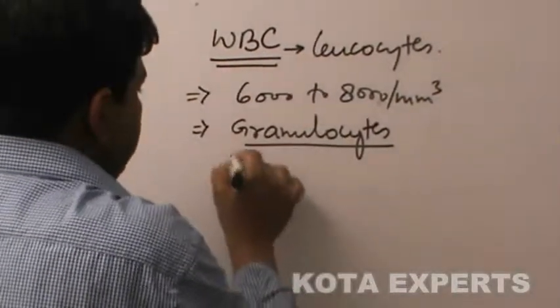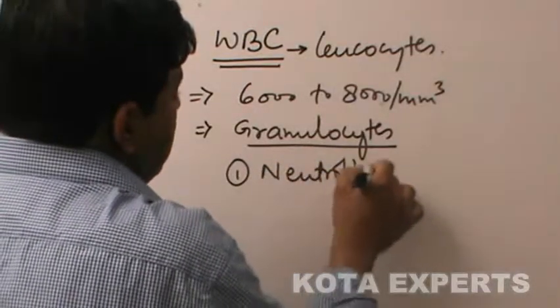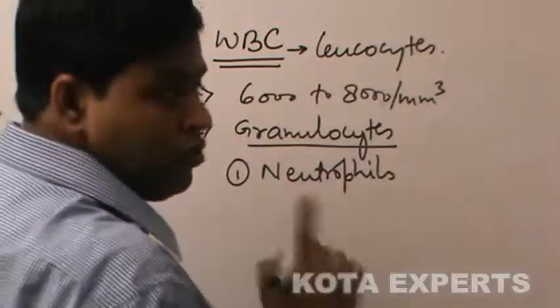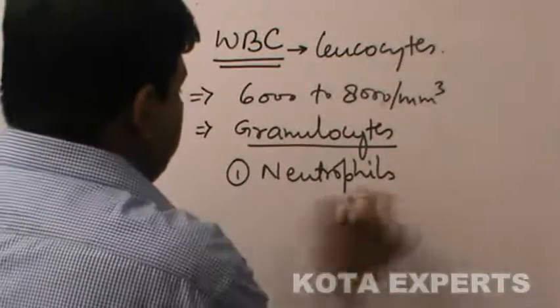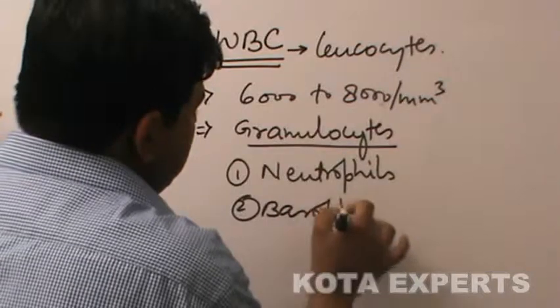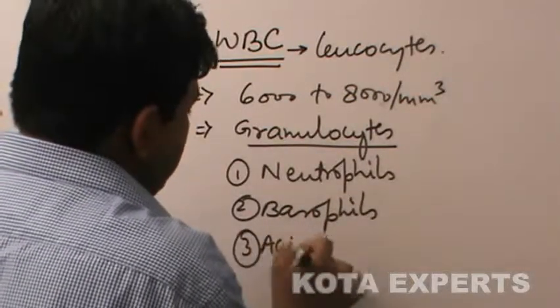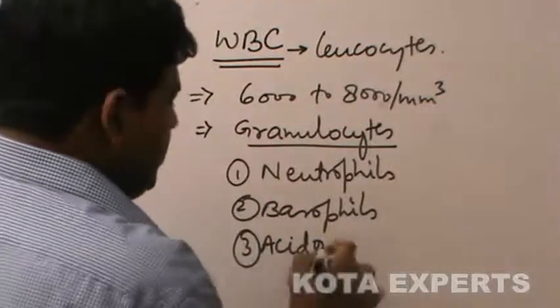Granulocytes means those having granules in their cytoplasm: neutrophils, basophils and acidophils or eosinophils.